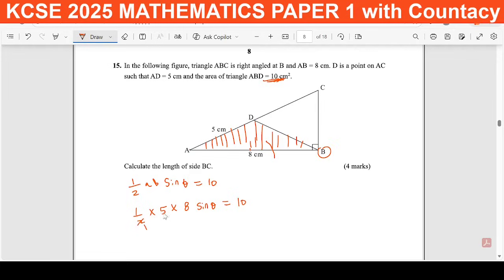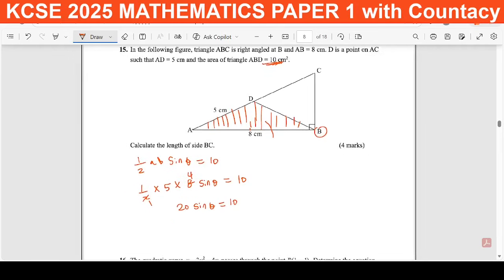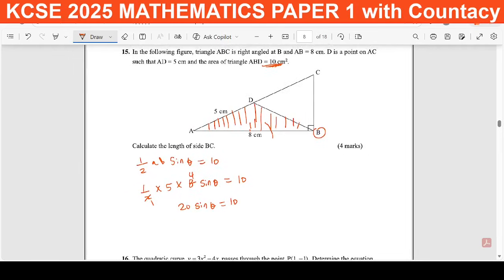Amazing, we can divide by 2 to get 1, divide by 2 to get 4. So we have 20 sine theta is equal to 10. What can we get from this information? We can divide by 20, divide by 20 to get sine theta is equal to a half.